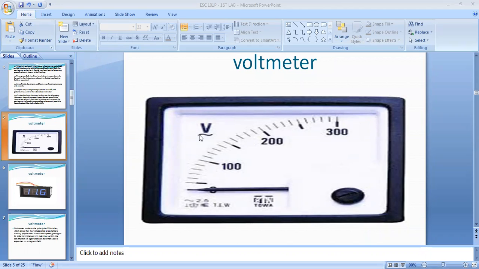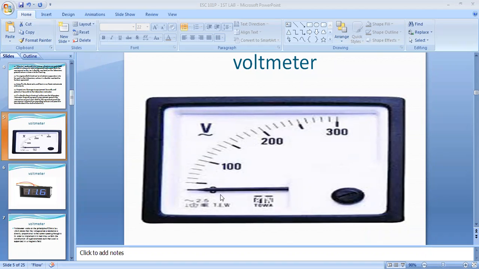So this wave is representing the alternating current, so using this instrument you can measure the AC voltage, V for voltage. Never forget this thing: this sine wave is representing AC, alternating current, and V for voltage. So this instrument is going to measure AC voltage.